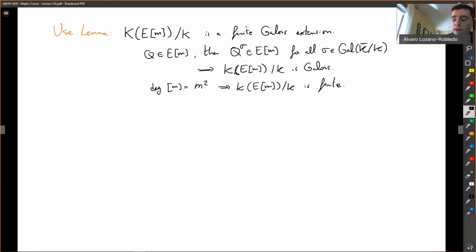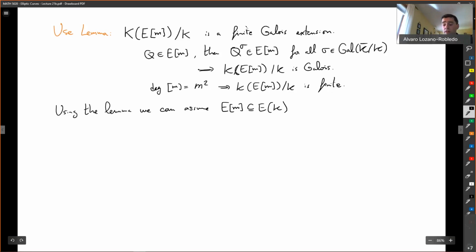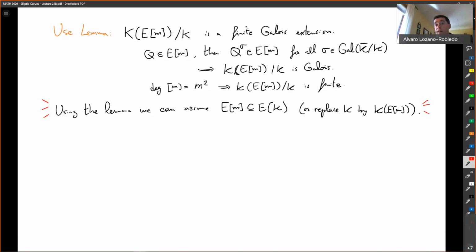And therefore, by using the lemma, we can assume that the M torsion is completely defined over my base number field, or if it is not, replace K by K adjoin EM, which is a finite Galois extension of K. Okay, so we're going to assume from now on that the M torsion is defined over K. Okay, that is already an assumption.